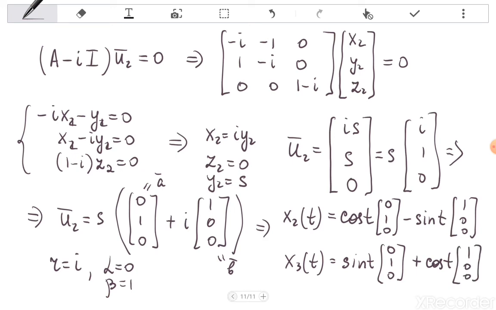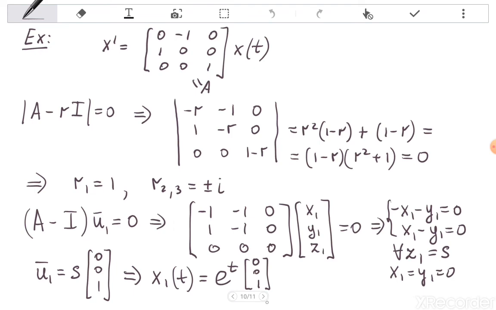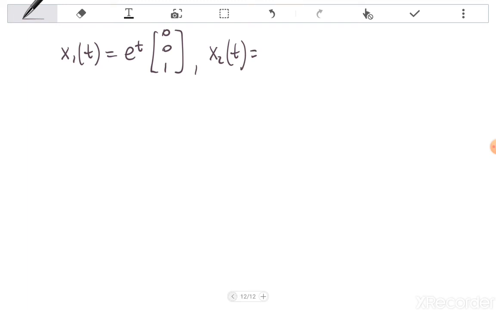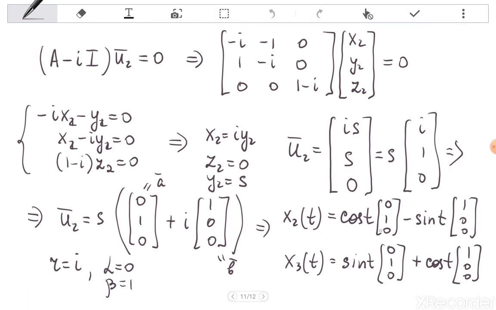So let's combine everything that we have. So x1 of t is e to the t times 0, 0, 1. x2 of t is, so we can combine these two together. The first vector where the second coordinate is 1, so cosine t, and the second vector, the first coordinate is minus sine t.